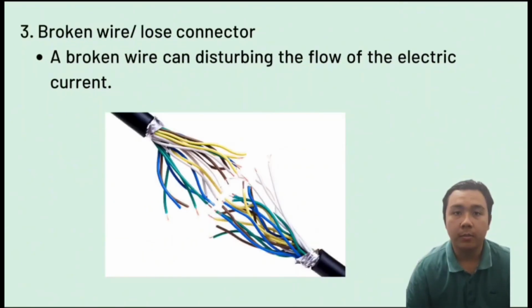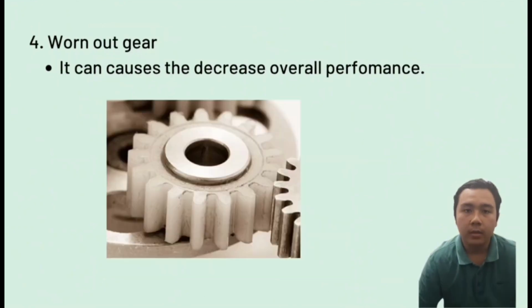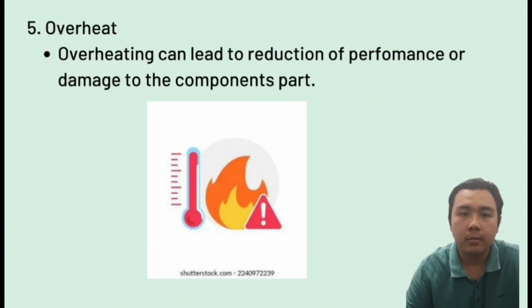Number 3 is broken wire or loose connector. A broken wire can disturb the flow of the electric current. Number 4 is worn out gear. It can cause the decrease of overall performance. Number 5 is overheat.